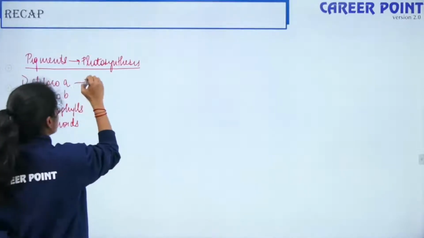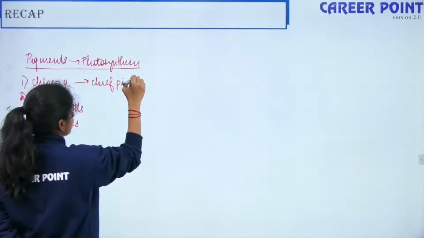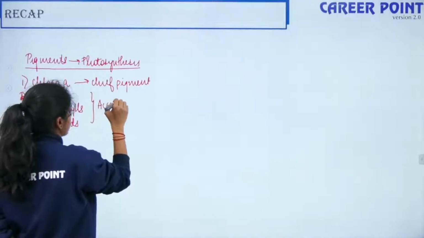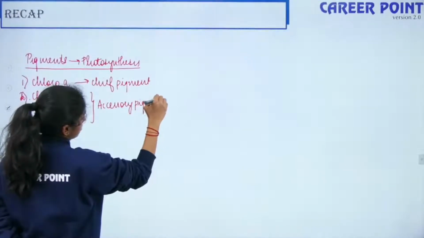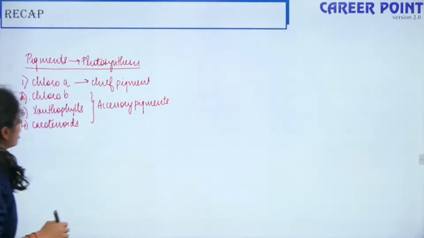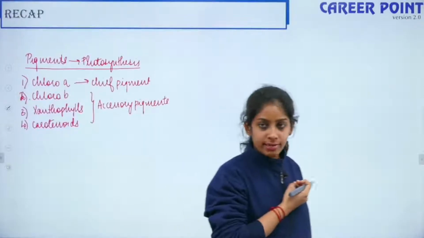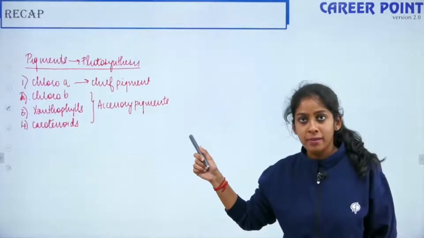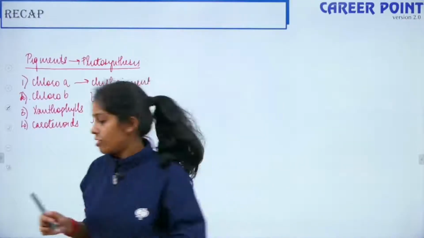Chlorophyll A is our chief pigment, because it can trap maximum light. These are our accessory pigments. The accessory pigments help in trapping light for the chief pigment, and they also prevent the chief pigment from getting photo-oxidized.